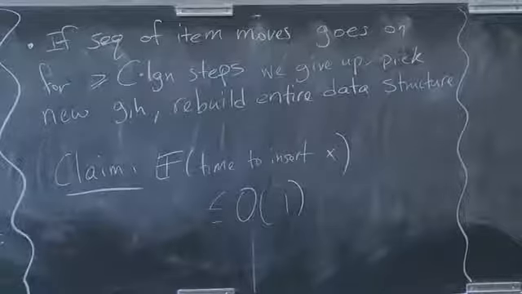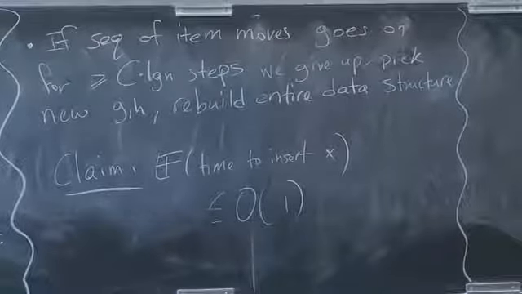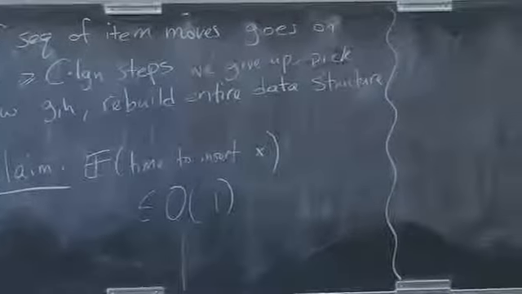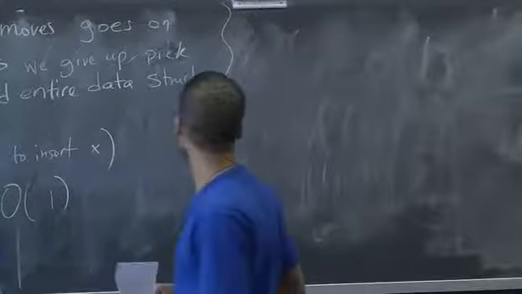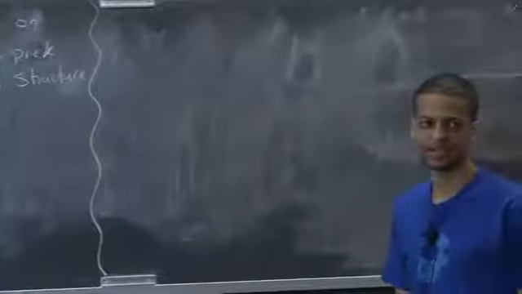Let me draw a couple pictures for what might happen when we try to insert things into the hash table. First, I want to remind ourselves what this cuckoo graph is.